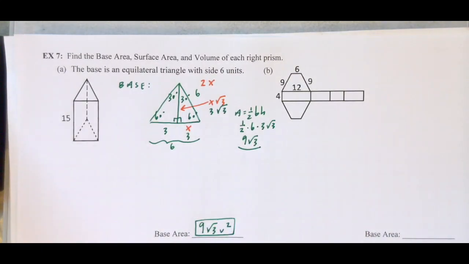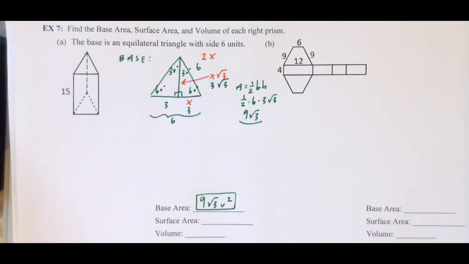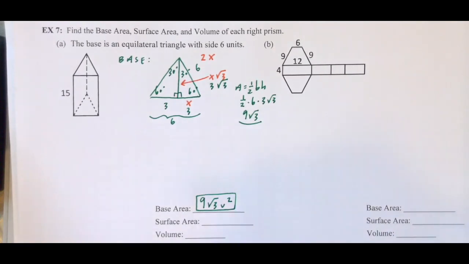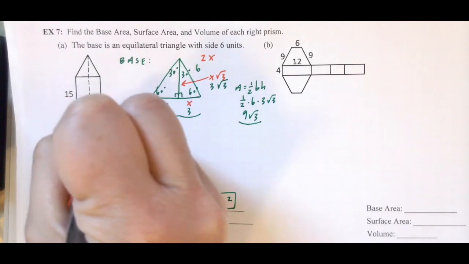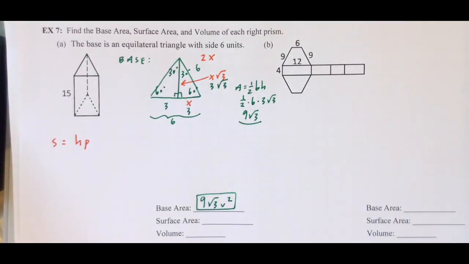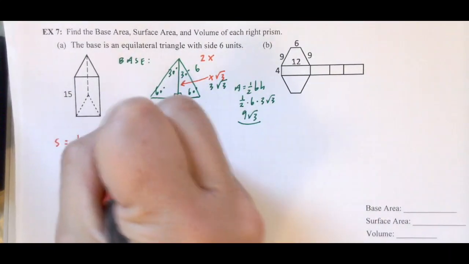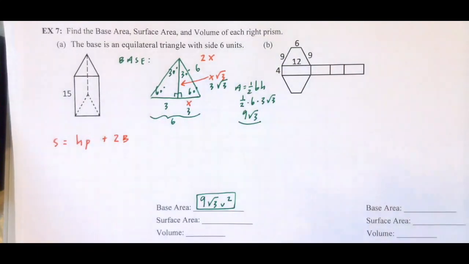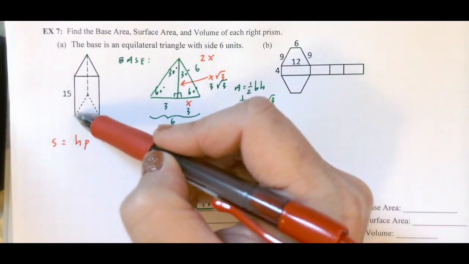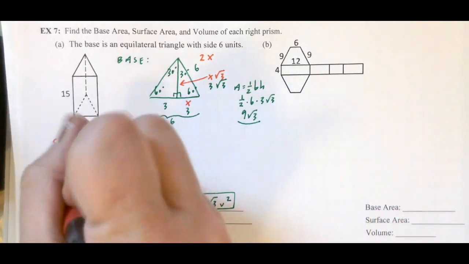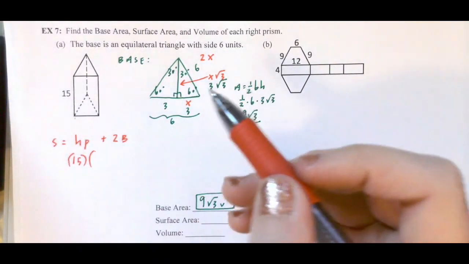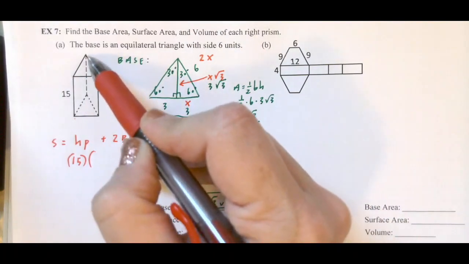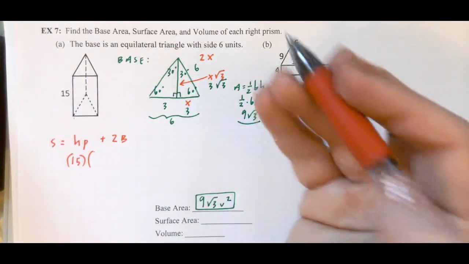All right, surface area. I have to get to all of my lateral area, those side faces. That is the height of the prism times the perimeter of the base plus 2 base areas. So the height of my prism right here is 15. The perimeter of the base, all of these sides are 6, and I have 3 of them.